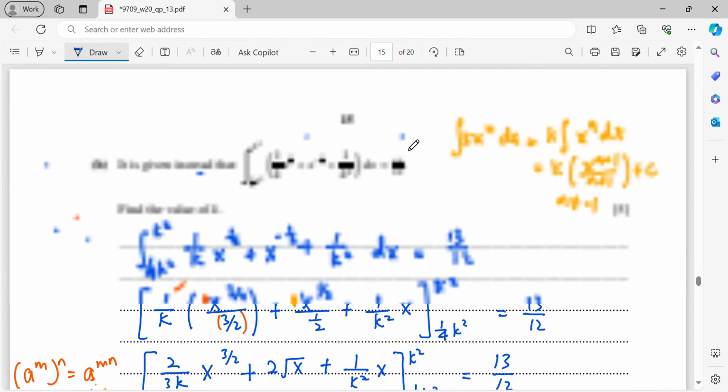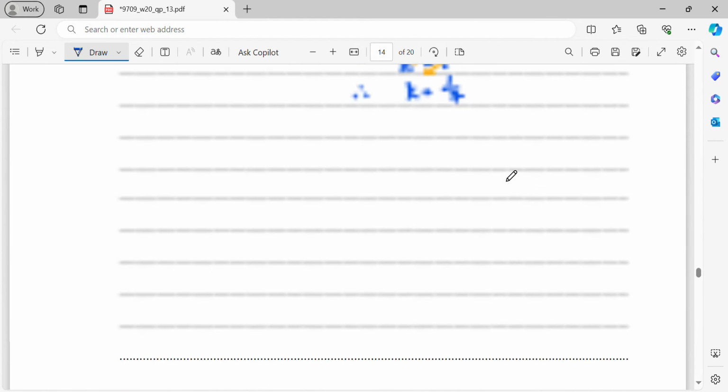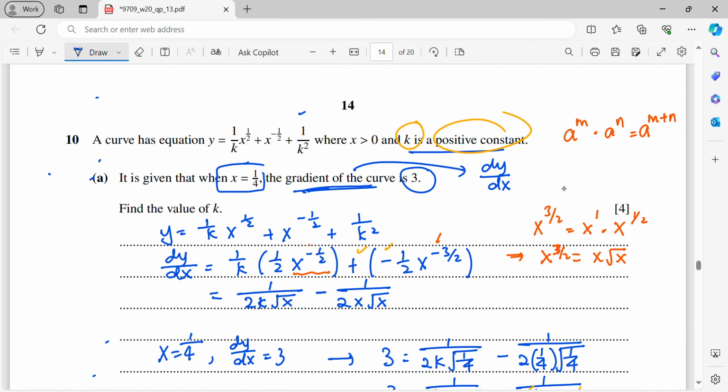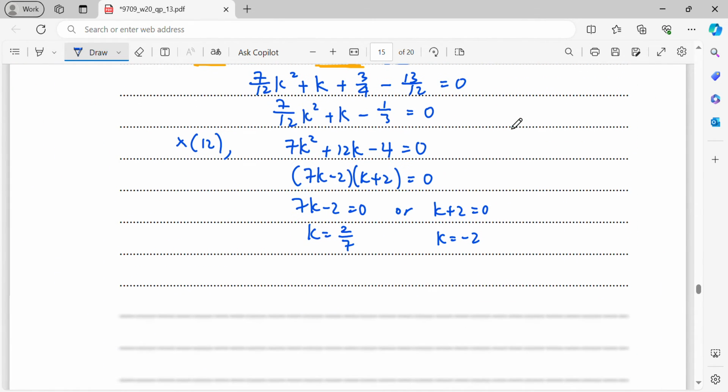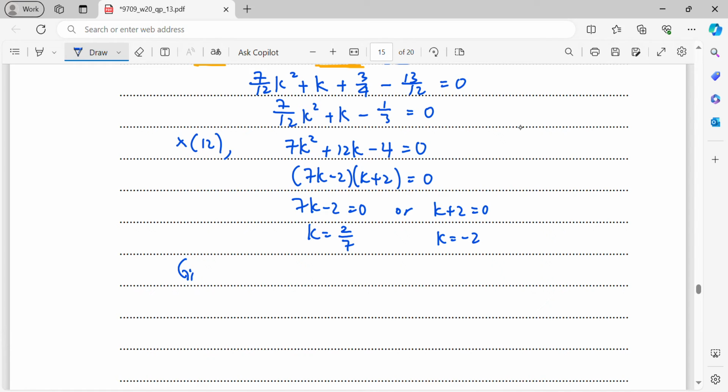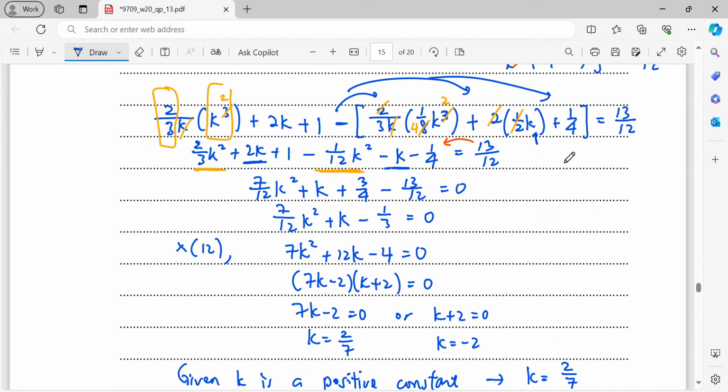Now, look at the question. Okay, go back to the original question. k is a positive constant. Right? So, given k is a positive constant, therefore, the k is 2 over 7. So that's the solution of this question.